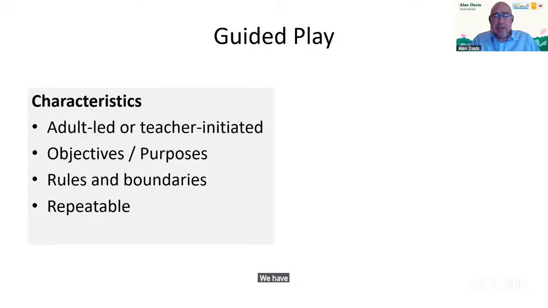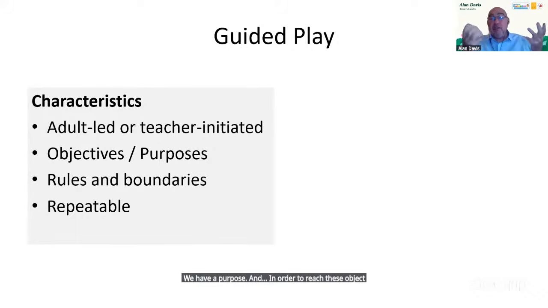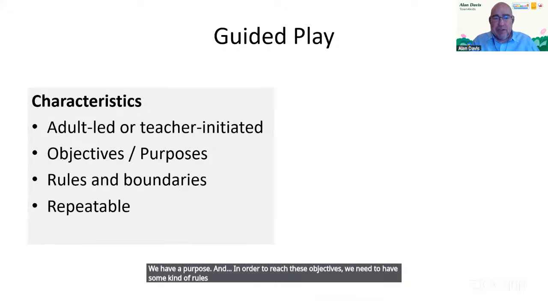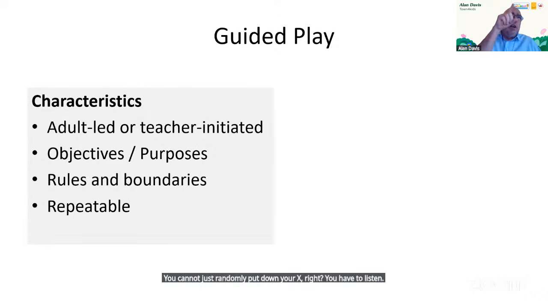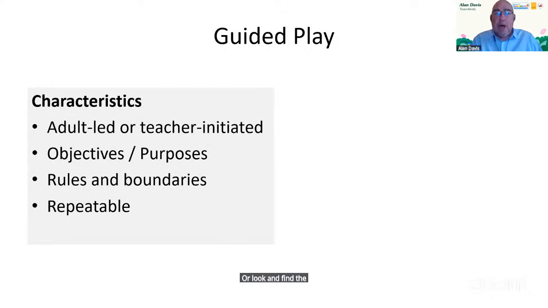We have a purpose. And in order to reach these objectives, we need to have some kind of rules or boundaries. You cannot just randomly put down your X, right? You have to listen or look and find the appropriate box in which to put your X. These games or these kinds of play are usually repeatable.